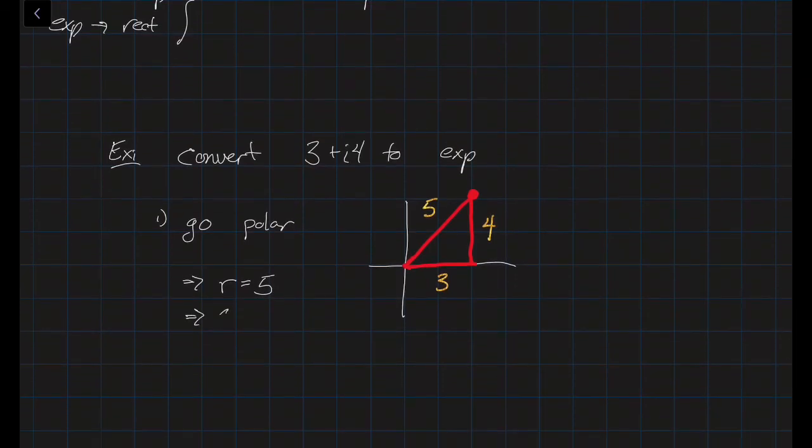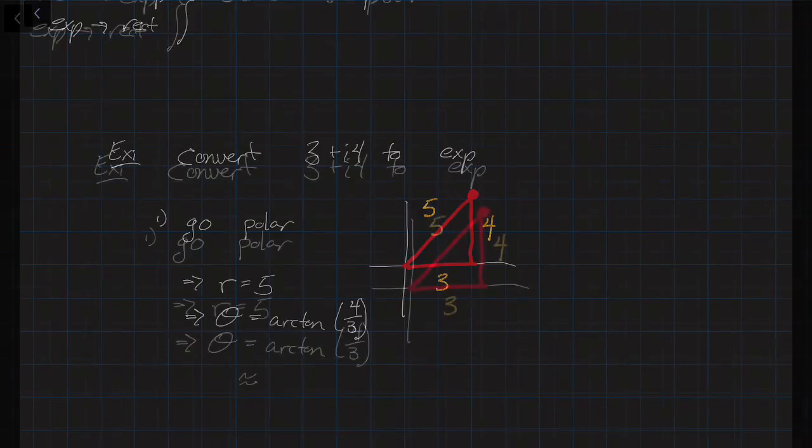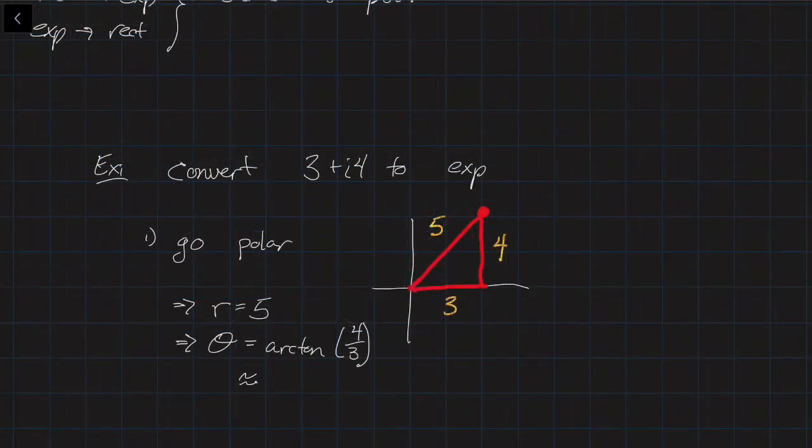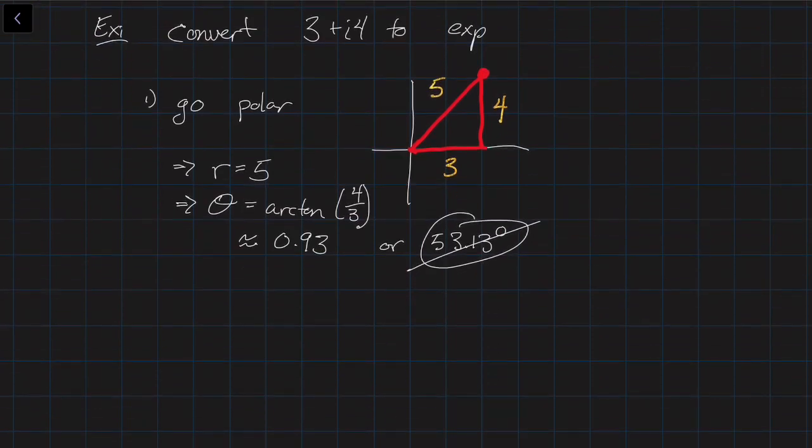Now to find theta, we're just going to have to take the arctangent of 4 over 3, the i coordinate over the real coordinate. And when we do this, it's not a nice number. It's about 53.3 degrees, if I remember correctly. But that's about 0.93 radians. Once we have our r and we have our theta, oh there it is, it's 53.13 degrees.